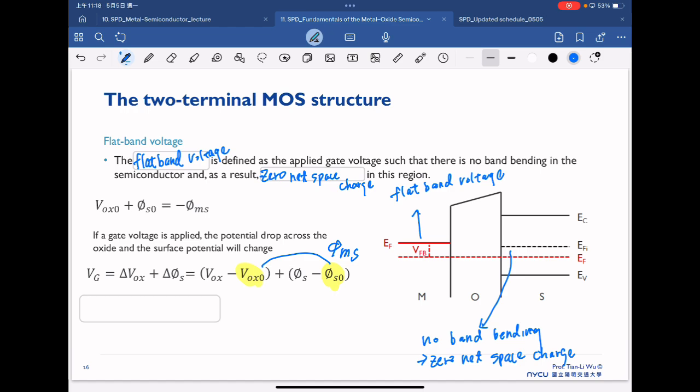So therefore we can have V_G is equal to V_ox plus phi_s plus phi_ms.